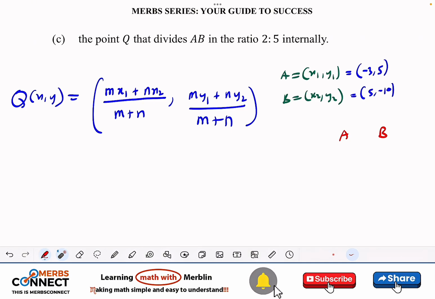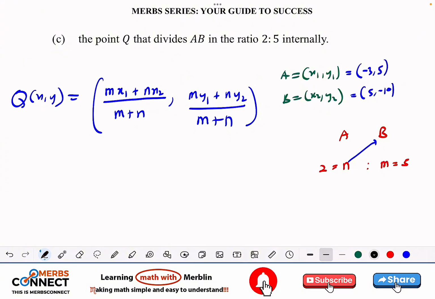That's the first thing you need to know. n is to what? m. So you can see that here n is 2 and m is 5. So what did I say? I said this should go with B and this should go with A. As soon as you see that, what are the B coordinates?